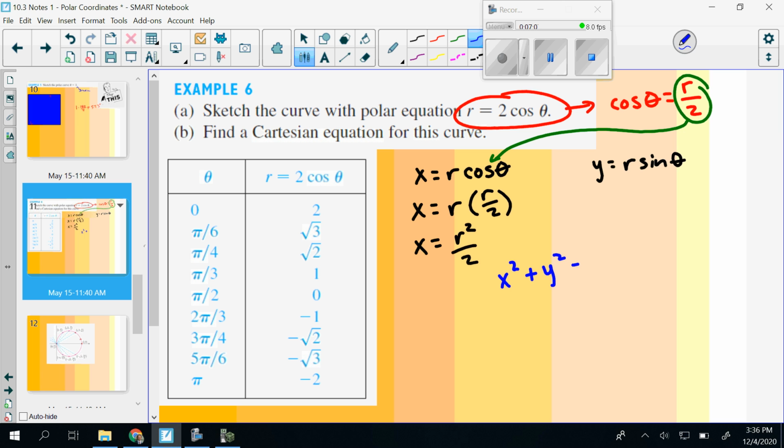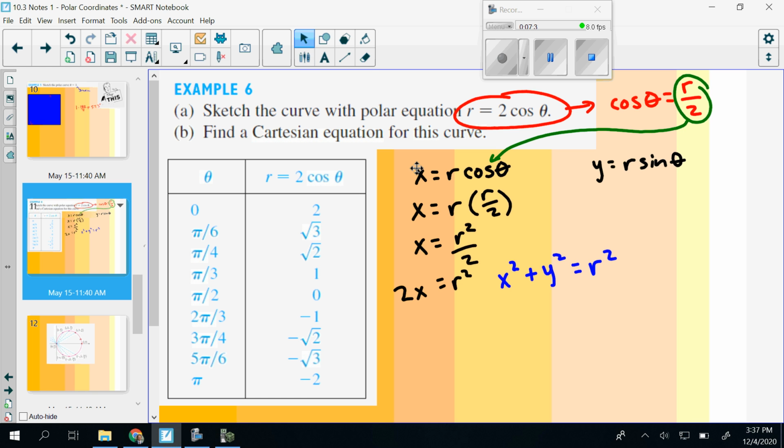Then what we're going to use is that other conversion that we have, that x squared plus y squared equals r squared, and we're going to substitute in our result here. But because it's Cartesian coordinates, we want x and y. So what we're going to do is times by 2, and if we do that, we see that r squared is equal to 2x.